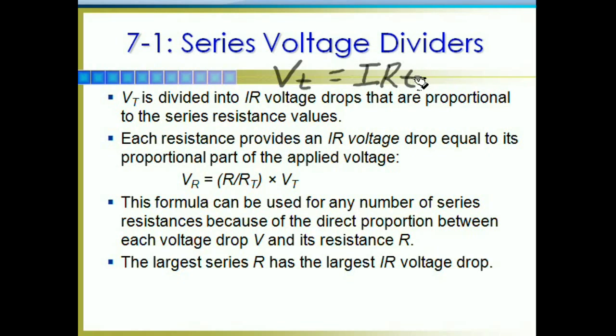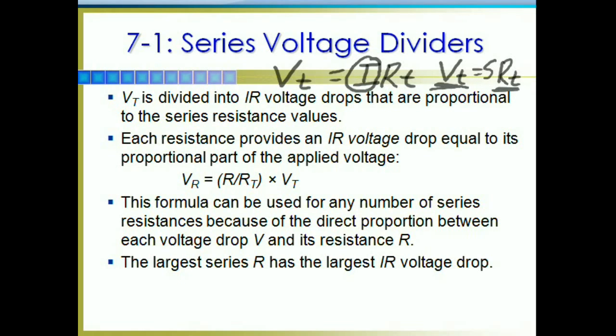That gave you your overall Ohm's law for a series circuit. Well, now the fact that current is constant, we're going to be able to express this as total voltage equals some scaling times total resistance. Basically, we're saying that the total voltage is proportional to the total resistance.